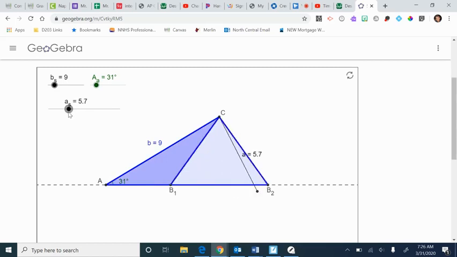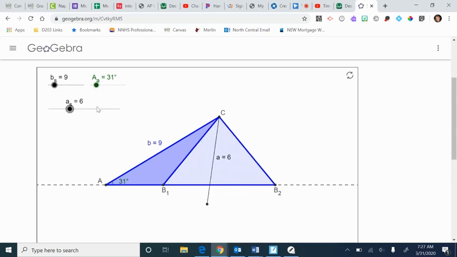Are you talking about the darker blue one off here on the left, or the large one, the dark blue plus the light blue together? Both form a triangle with the same three given pieces of information: this B being 9, this A being 6, and the angle opposite being 31 degrees.